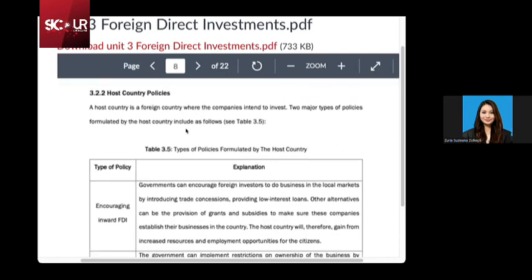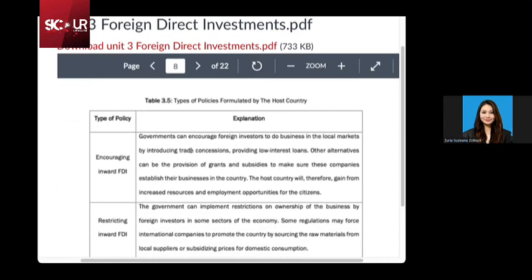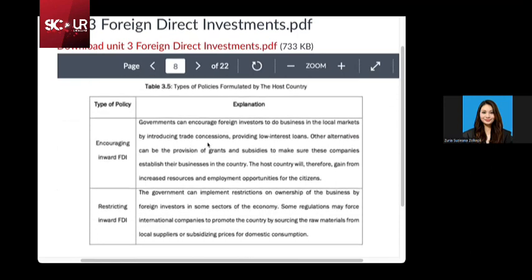For host country policy, okay, if they encourage, so removing of the trade barriers, okay, introducing trade concessions, low interest loans. This is how for them to attract all the, oh, I forgot to share with you the video. Okay, last.